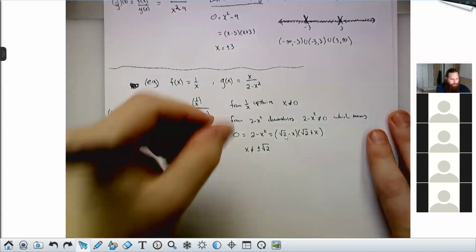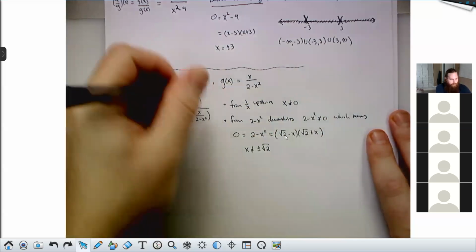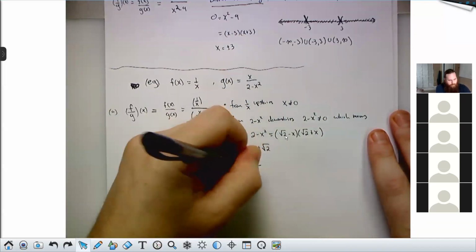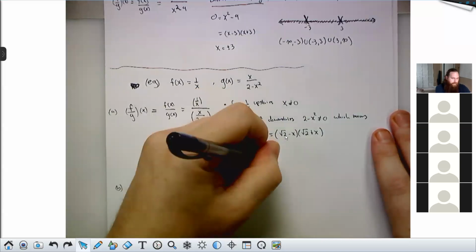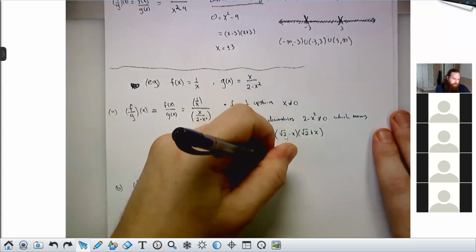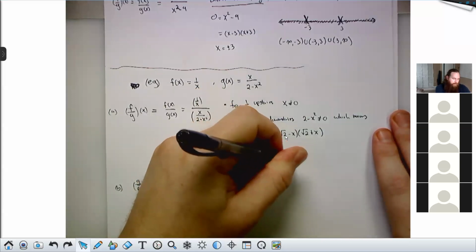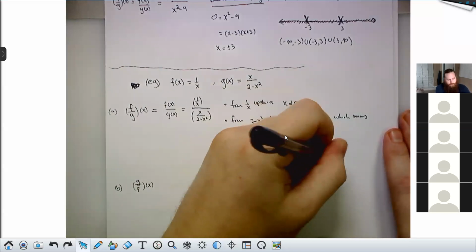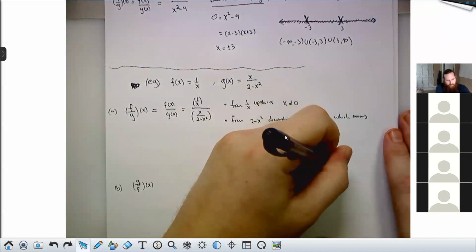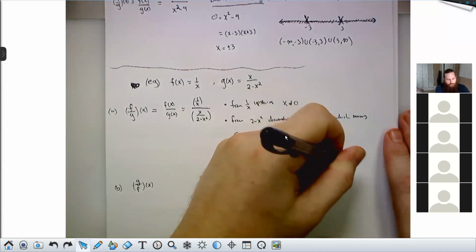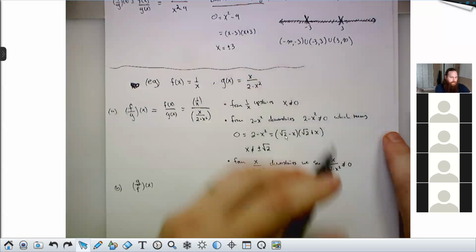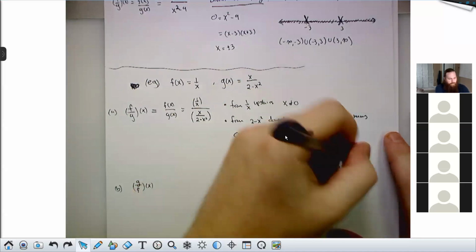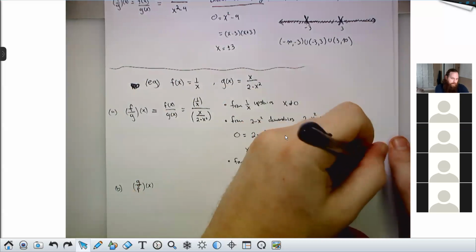And then finally, from the x over 2 minus x squared downstairs, we see that x over 2 minus x squared can't be 0. And this thing would be 0 if the top was 0. So again, x can't be 0.